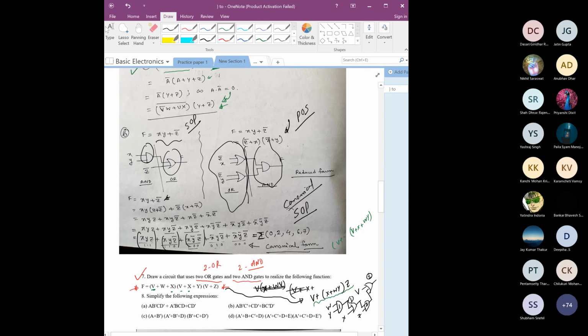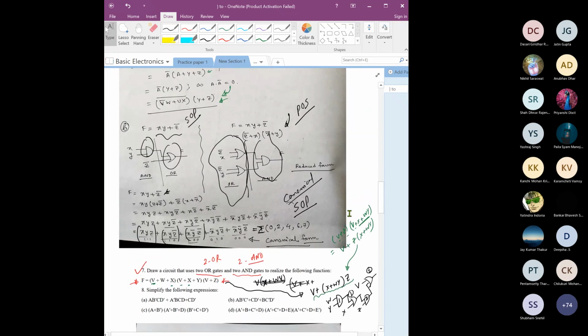Then we take x plus wy as one term, and it becomes v plus z and this, so it becomes v plus z times x plus wy, which is exactly the same. Yeah, very good.